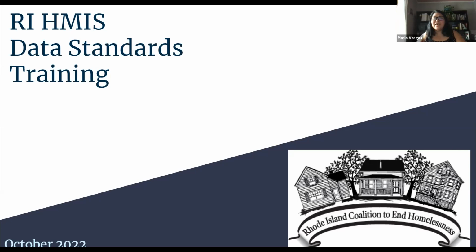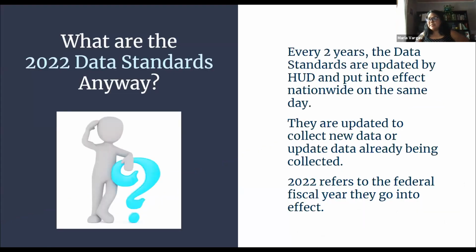Thanks, Jen. So if we could just go to the next slide, please. Perfect. For those of you that are new with us, what are the 2022 data standards? Every 2 years, the data standards are updated by HUD, and they're put into effect nationwide, all on the same day.